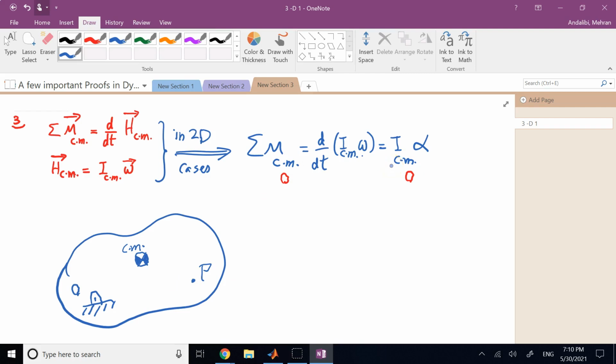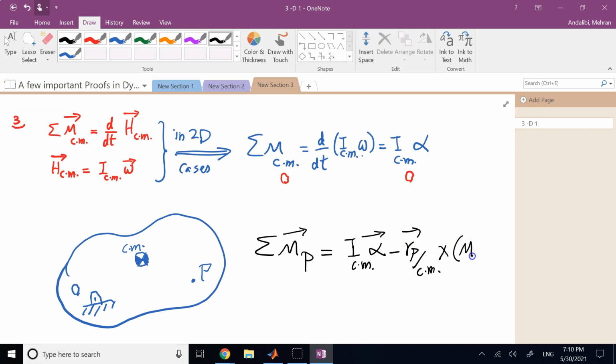I mentioned that in such cases, the equation is going to be a little bit more involved, and it will be something like this: sum of the moments about point P is going to be I about, not point P, about the centroid, times alpha, minus, here you have one extra term, r of that point P with respect to the centroid, cross mass of the rigid body times acceleration of the rigid body at the centroid.